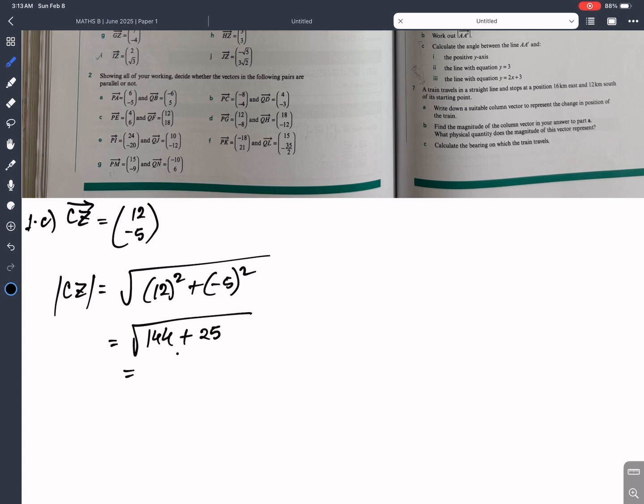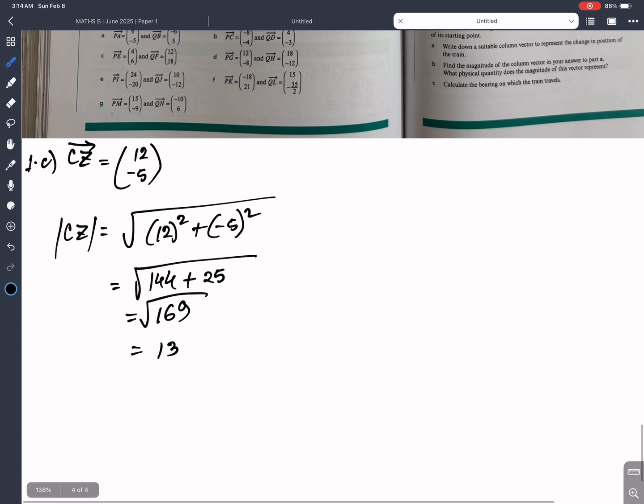Root over 169, which is 13. So the modulus or magnitude of CZ is 13. This is the answer for 1C.